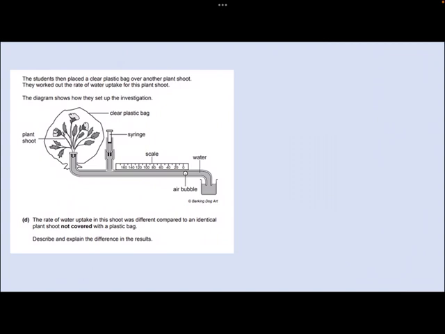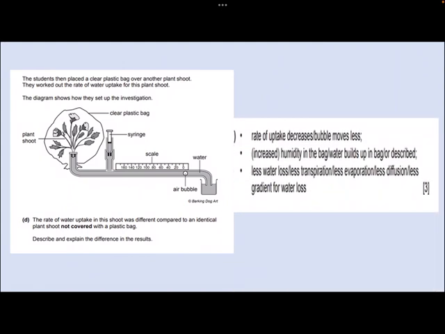So if it is more humid, there's going to be more water vapour within the atmosphere surrounding the plant. So we would expect the bubble to not move as much. So the rate of uptake would decrease because of that. So the higher humidity in the bag, or water builds up in the bag, therefore there's less water loss or less transpiration, less evaporation, less diffusion, or less gradient for water loss.